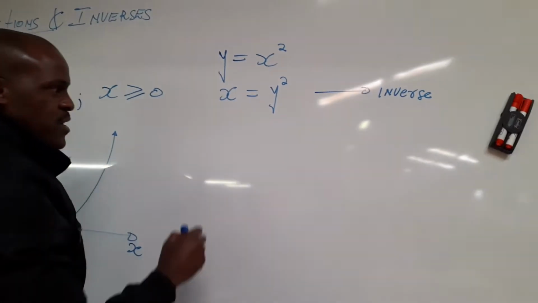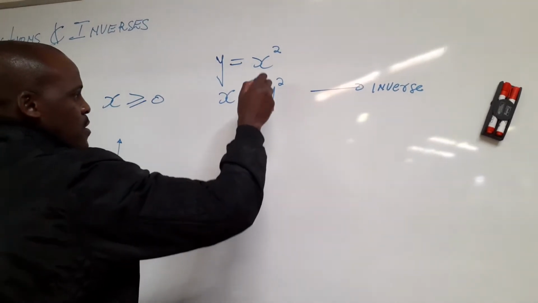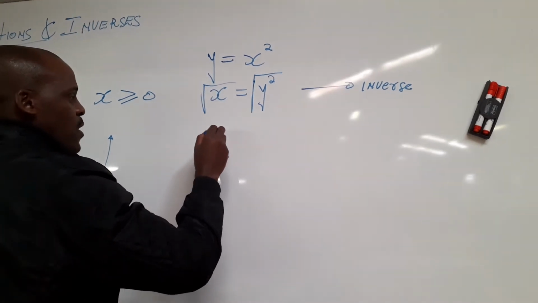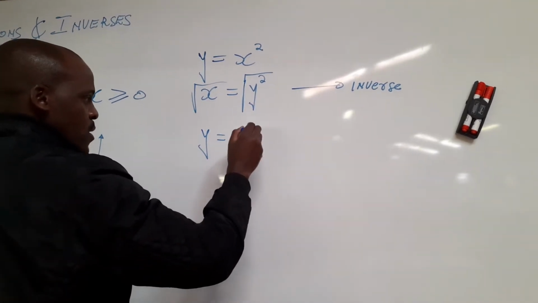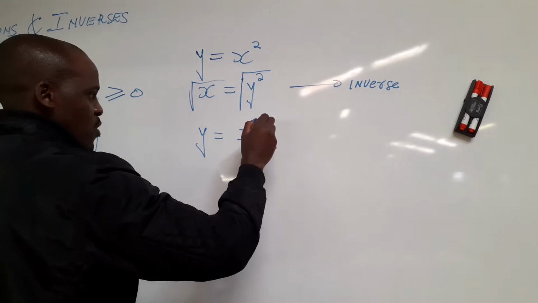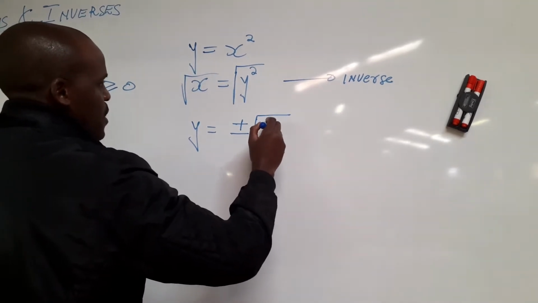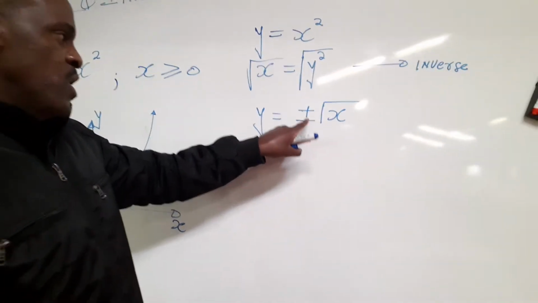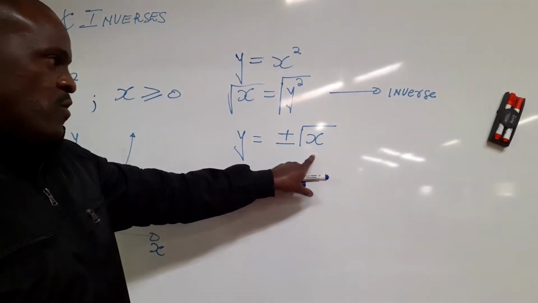Let us now find the equation of the inverse. We apply the root sign. Therefore, y will be equal to plus or minus square root of x.